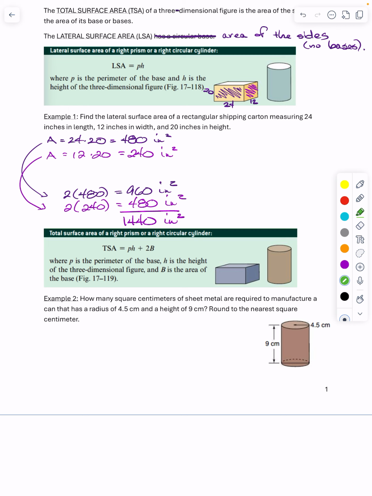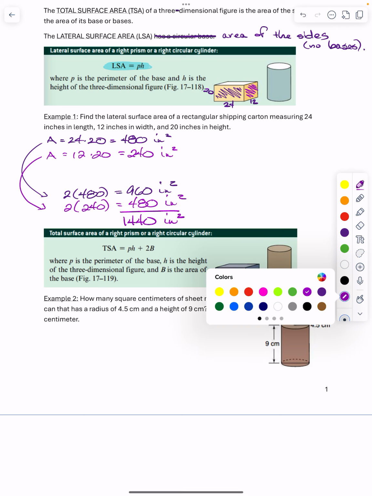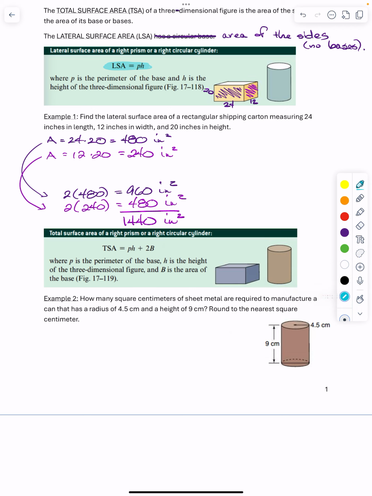If I want to use the formula, perimeter times the height, and let's see if I can change this so that it's the same color. Sure, we'll give that a shot.